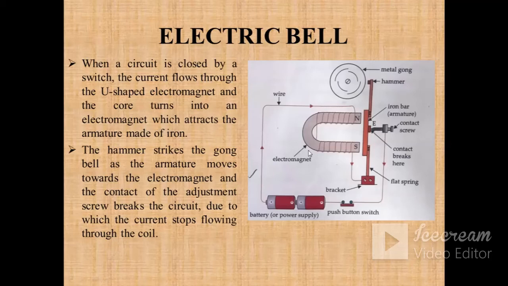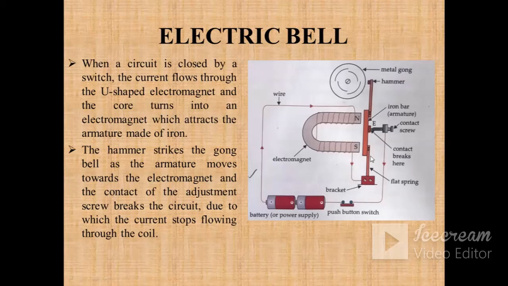Due to this, the armature, which is made of an iron bar, gets attracted towards it, and the hammer strikes the metal gong. The armature moves towards the electromagnet and the contact of the adjustment screw breaks the circuit. As soon as it moves forward, the contact breaks, the current stops flowing through the coil and then the sound stops.